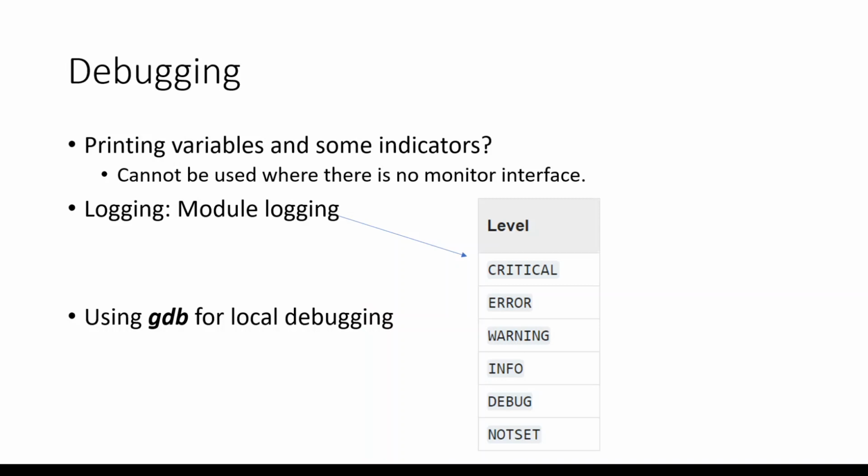While logging, there are different levels of logging, such as critical, error, warning, info, and debug. The reason for levels is this: when you deploy software onto the customer location, you have too many logs.